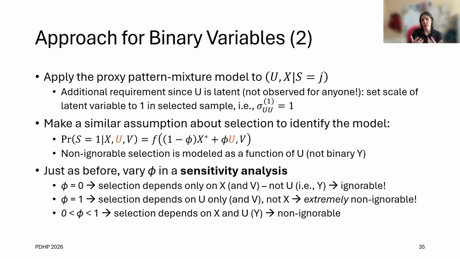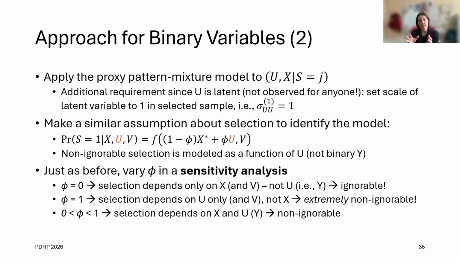So this is a little bit weird to think about because we never actually observe U. But instead of thinking about it as there's a propensity to respond for the Y equals 0 people and the Y equals 1 people, now there's a continuum of the propensity to respond depending on how large or small your underlying latent variable is, regardless of whether you've crossed the threshold from Y equals 0 to Y equals 1.